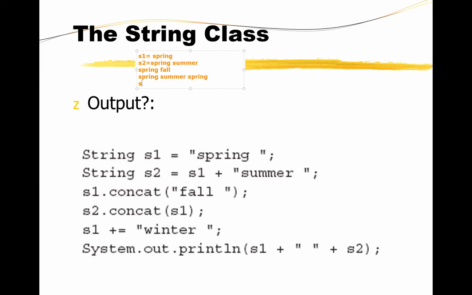So s1 is spring plus winter, spring winter. And when you print, s1 would print spring winter and s2 would print spring summer. Spring winter, spring summer. That is what it's going to print. Is that clear?